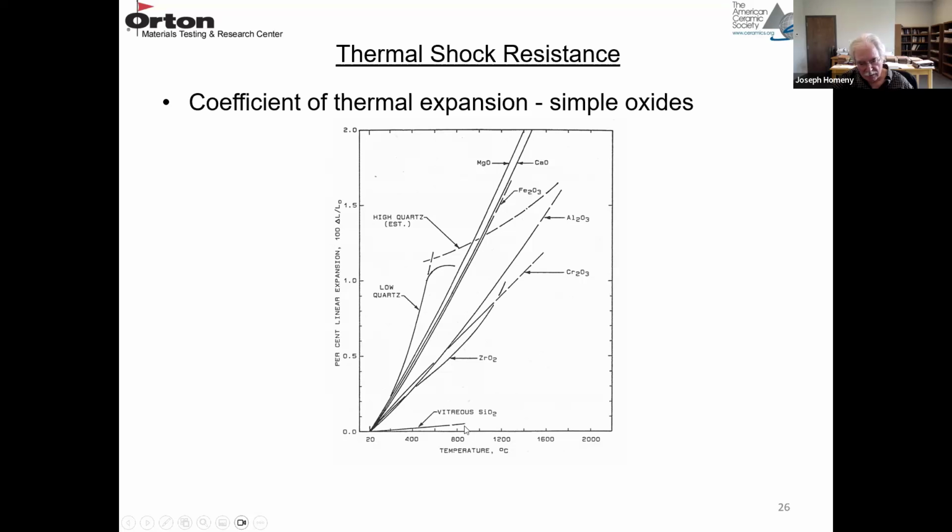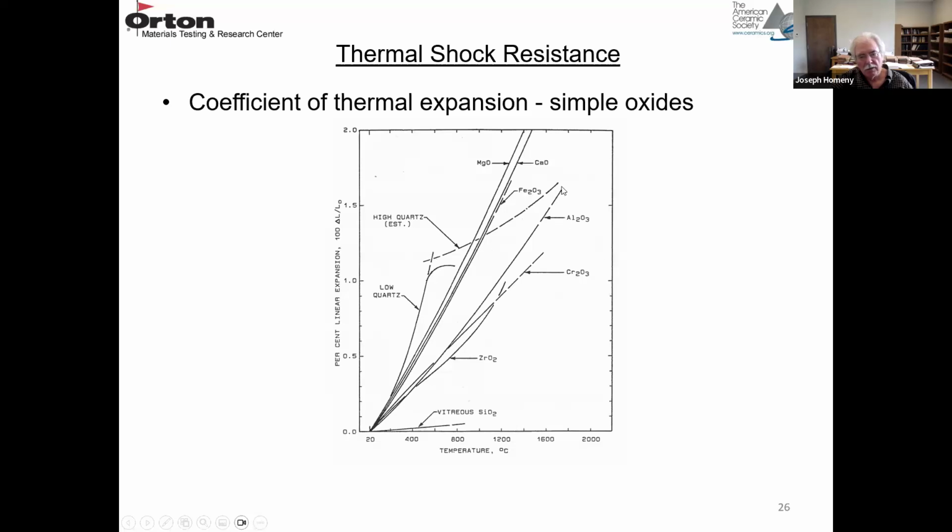The graph stops at about 900 degrees C because when you get higher than this temperature, especially at 1200 degrees C, this material crystallizes into cristobalite. Here's quartz, low to high quartz displacive transformation is shown. So that's a high thermal expansion material.